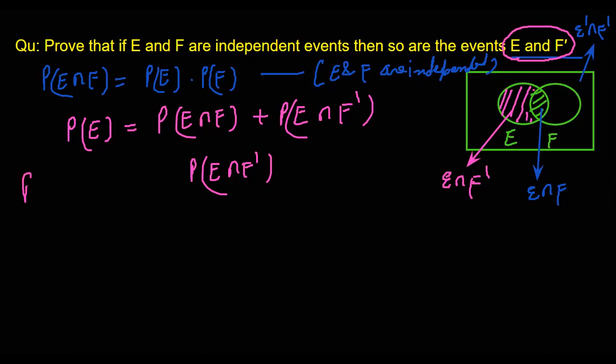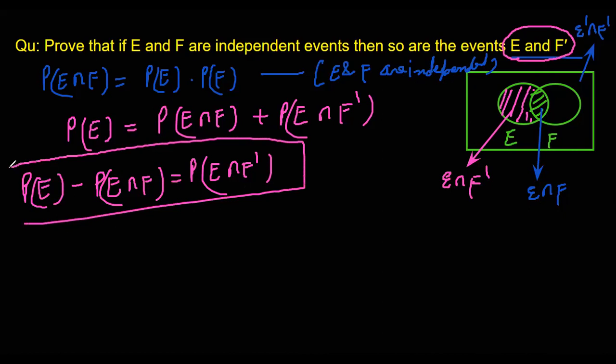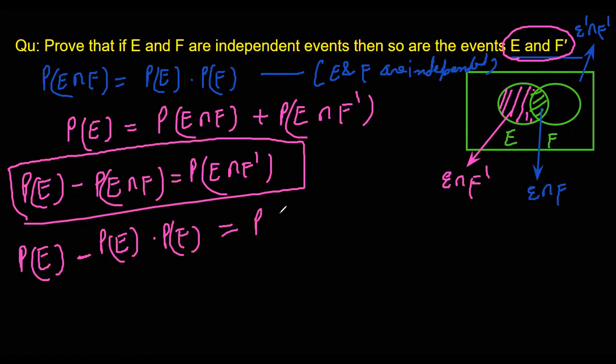This thing will be PE minus PE intersection F. From there, PE intersection F is PE into PF. Sorry, here it is minus. PE into PF will be same as PE intersection F.